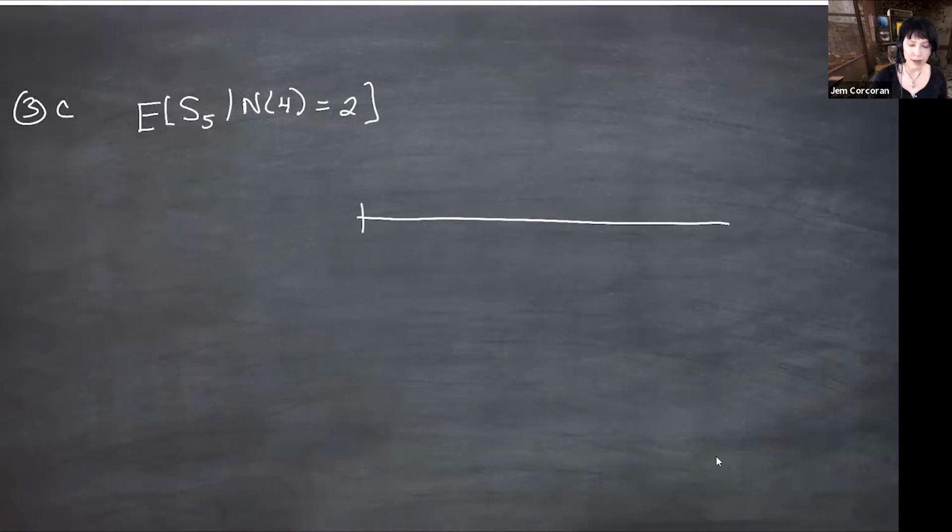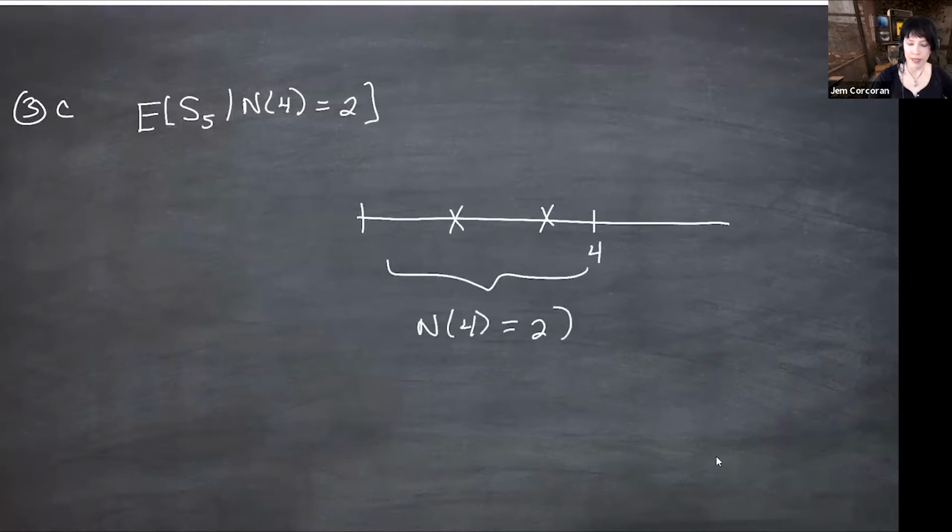Let's see, here's time. And I know by time 4, I've had 2 arrivals. I don't know exactly where they were. I'm not saying the second arrival happened at time 4, but I know there's 2 of them in there. And I want the time of the 5th arrival.